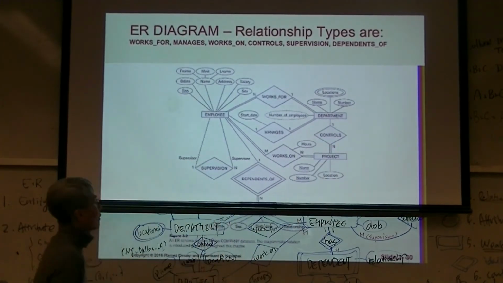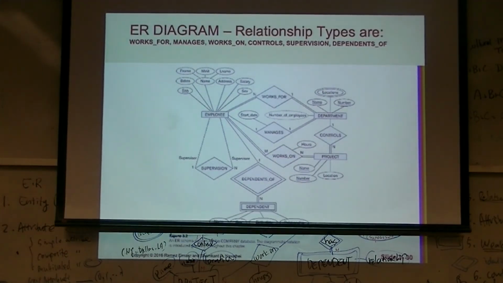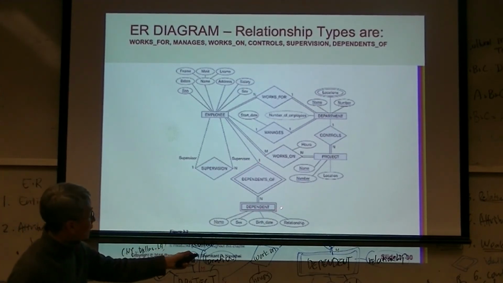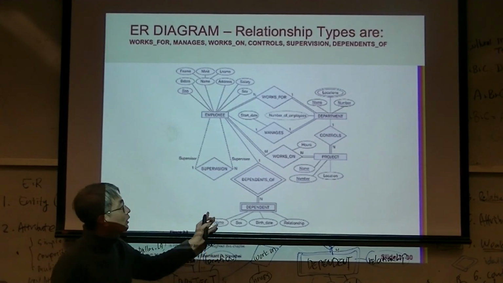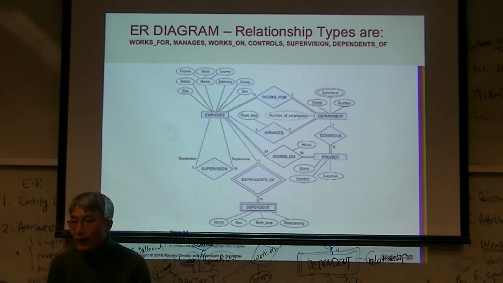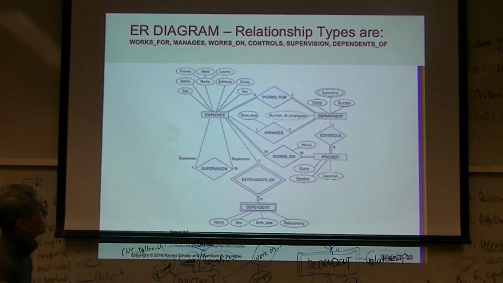You can understand this. And the dependent: we use the double line for the entity because it's a weak entity. We can say the weak entity has a double border, and this one is called an identifying relationship, with a double line.